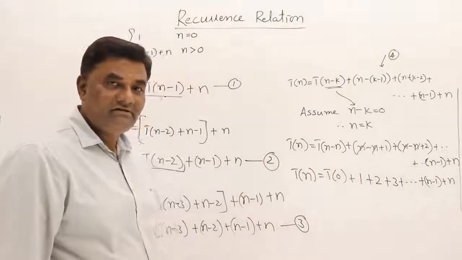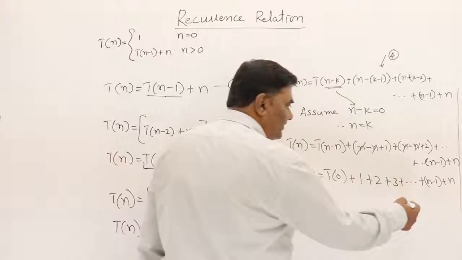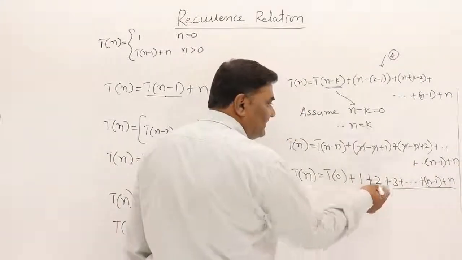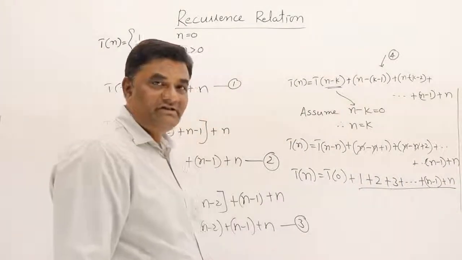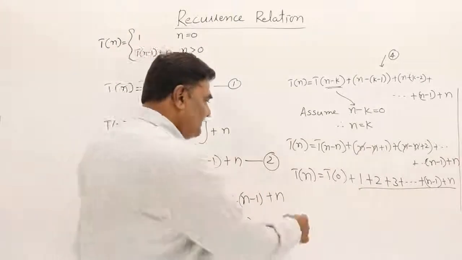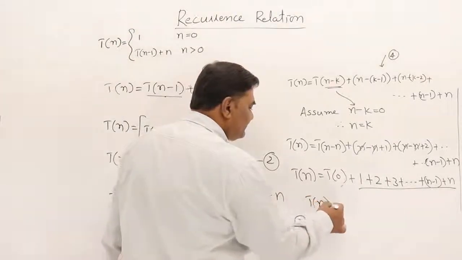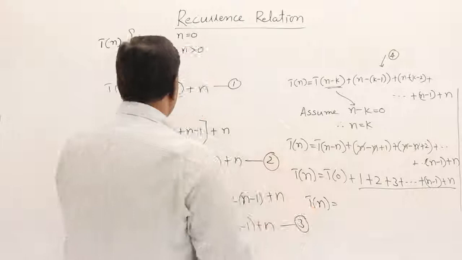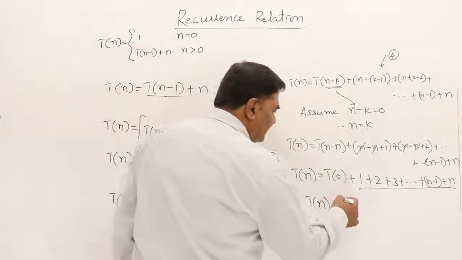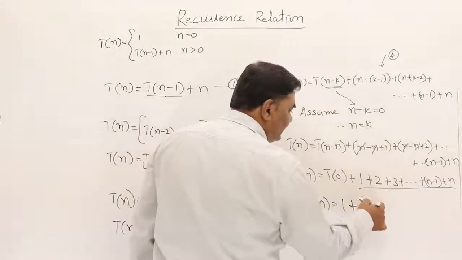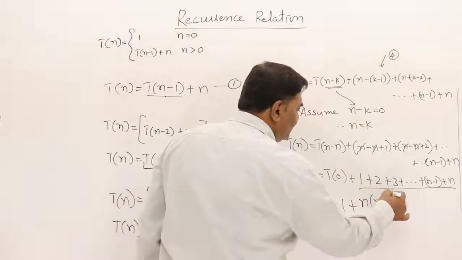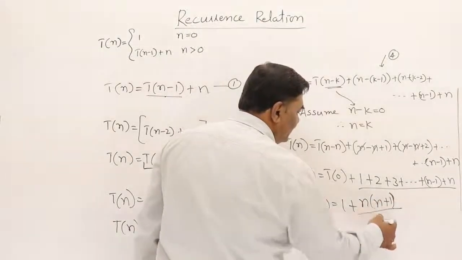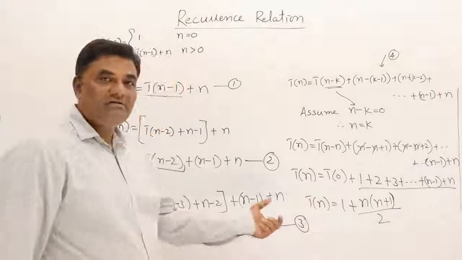That's it. So what is this I got? This is the sum of first n natural numbers. Then Tn is equal to T0, which is 1, plus this is n into n plus 1 by 2. That's it.